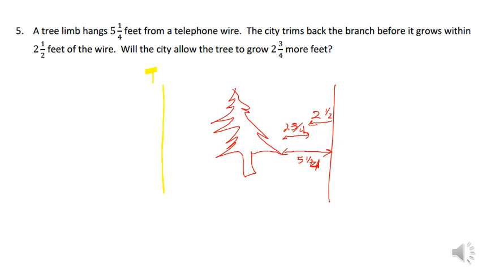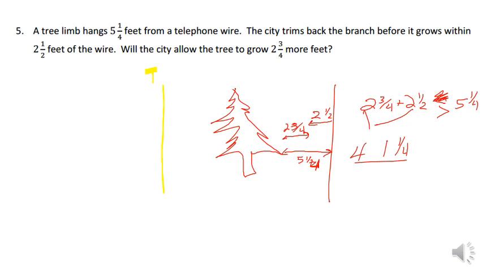They want to know if it's going to allow it to grow 2 3/4 feet. So the question here goes, is 2 3/4 plus 2 1/2 greater than 5 1/4 feet?